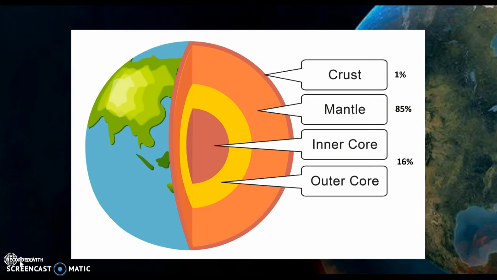You have to take into account that in the core the temperature is no less than 5,000 degrees centigrade. So it's impossible to bear, and it's impossible to live over there. It's too hot.